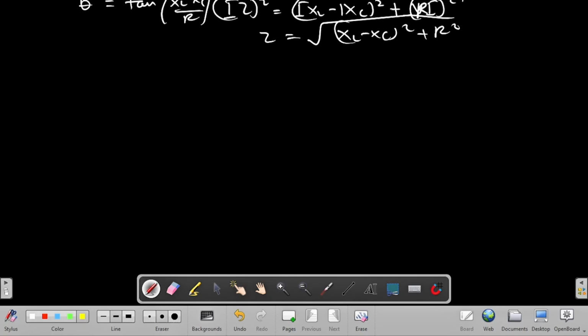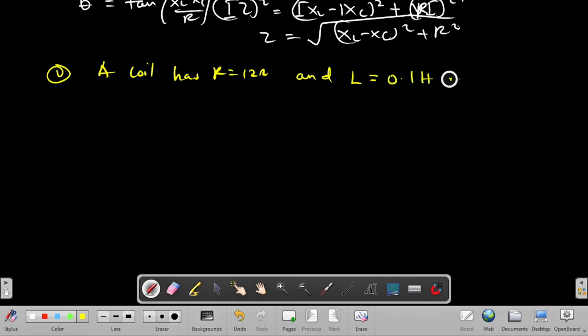Looking at example 1: a coil has a resistance R of 12 ohms and an inductance L equal to 0.1 henries. It is connected across a 100 volts, 50 hertz supply.